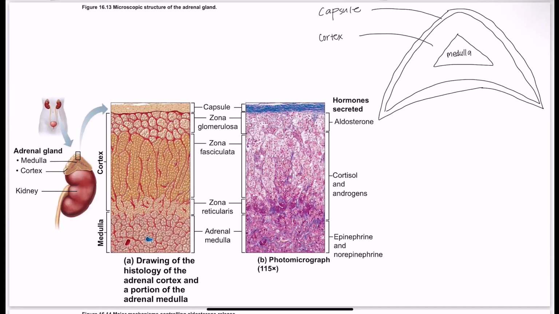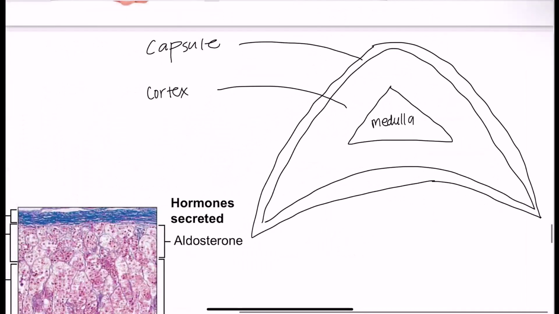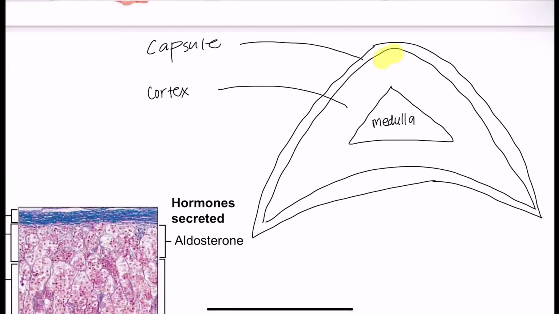I'll use three different colors of highlighter to highlight this. So the outermost layer of the cortex, so this whole thing is the cortex, that outermost layer, and they're all zones. This one's called the zona glomerulosa.